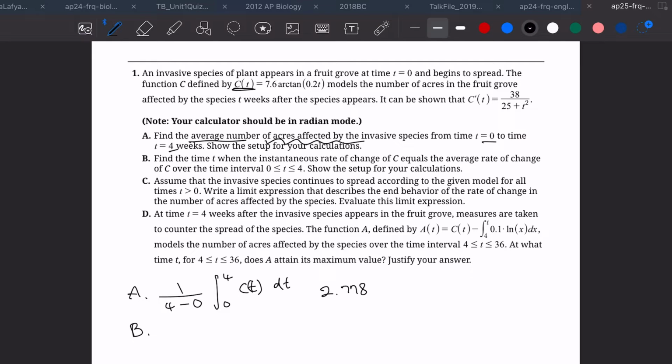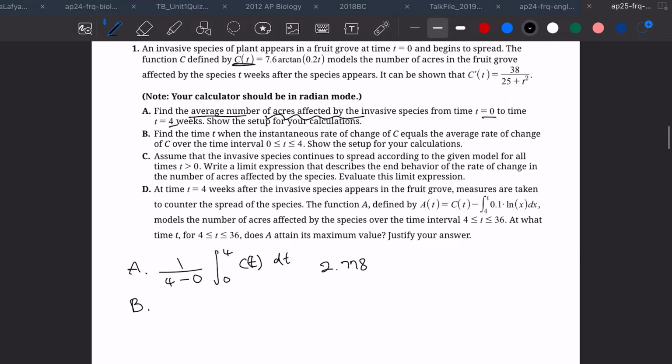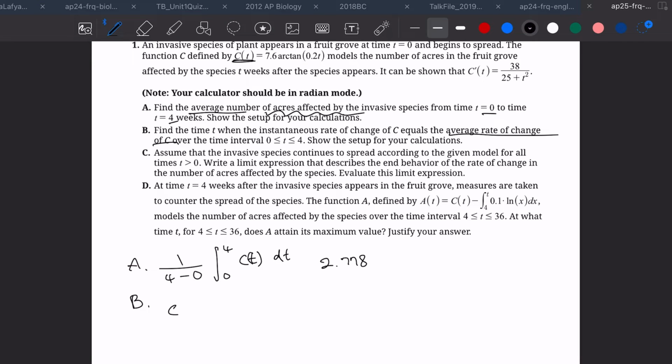B. Find the time t when the instantaneous rate of change of c equals the average rate of change of c over the time interval 0 to 4. So let's first find the average rate of change of c over 0 to 4. That would be c of 4. Well, first, it's an average rate of change, so the denominator would also be 4 minus 0.